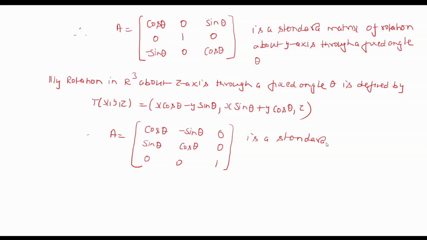We will combine these later on, and I will tell you how. When you have to combine two or three transformations, you should know these standard matrices. Otherwise it will become difficult to find the image after the composition of transformations.